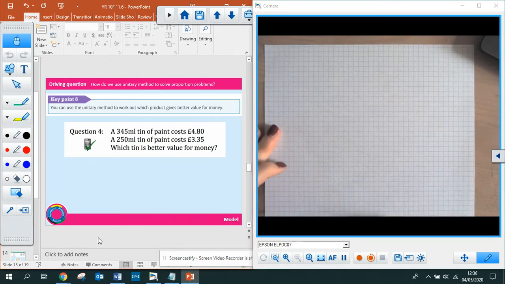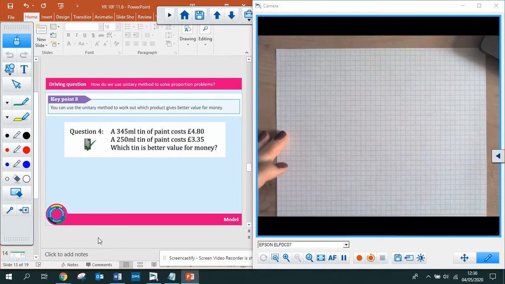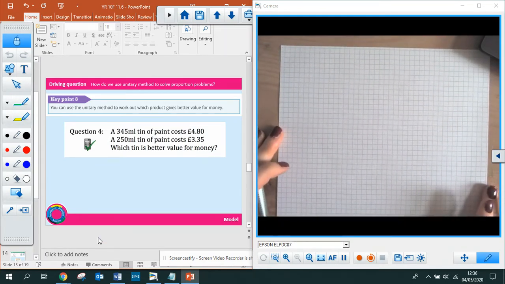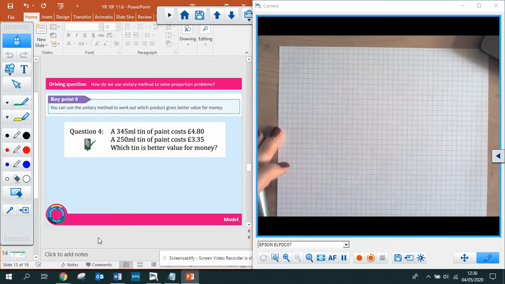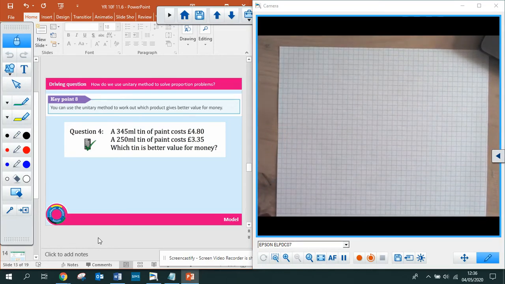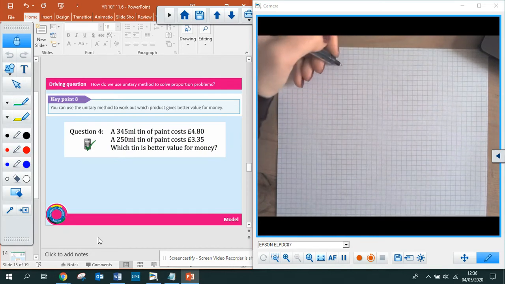So let's look at the example here then. A 345 milliliter tin of paint costs £4.80. A 250 milliliter tin of paint costs £3.35. Which tin is better value for money? Okay, so I'm going to start with tin 1.